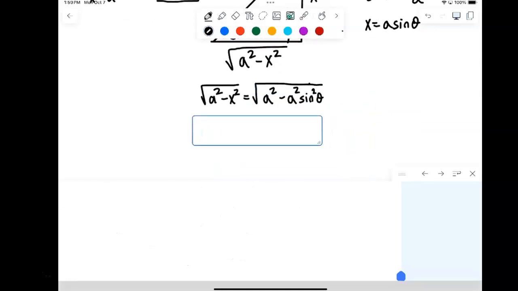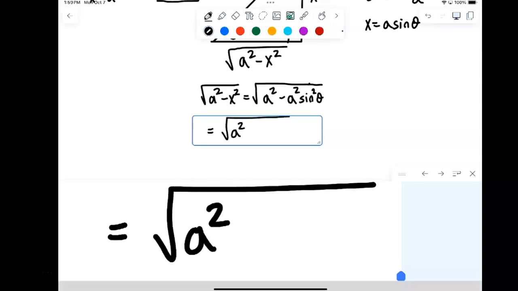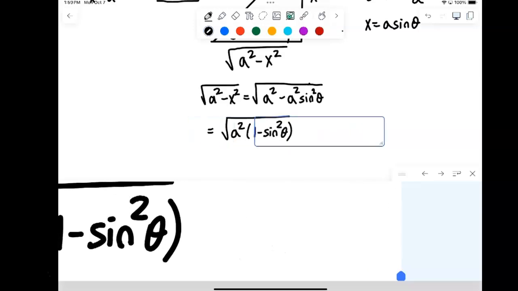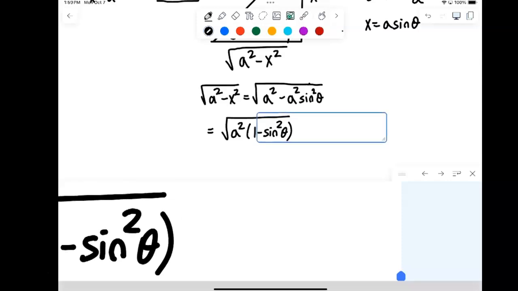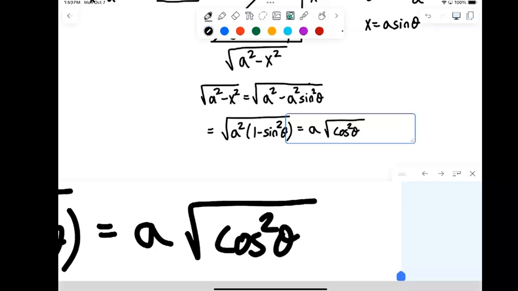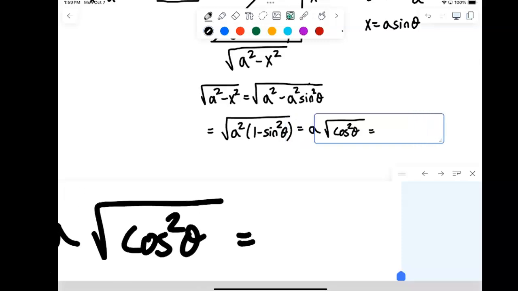And we can factor out an a squared and have 1 minus sine squared. And simplify. The square root of a squared is just a, and we'd have the square root of cosine squared, which would bring in the absolute value of cosine.